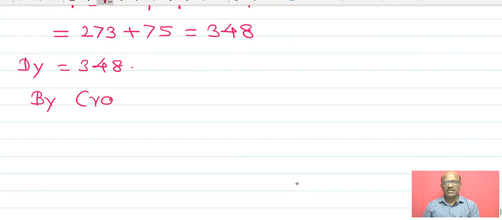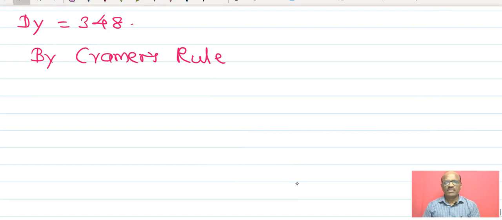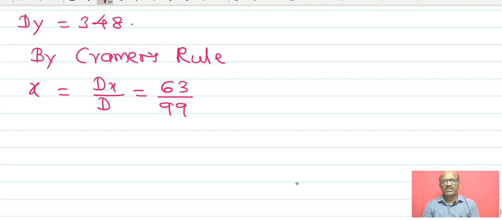Now here, by Cramer's rule, x is equal to D suffix x upon D, that is 63 upon 99.